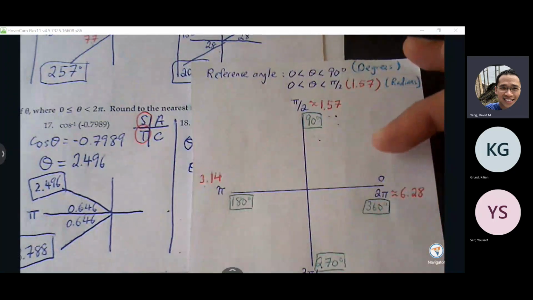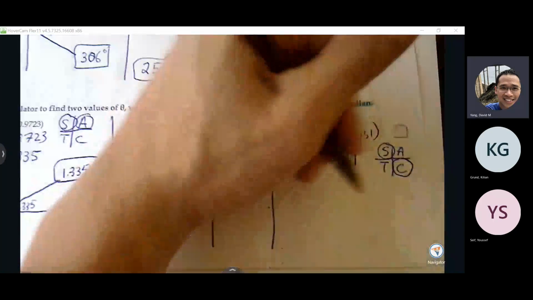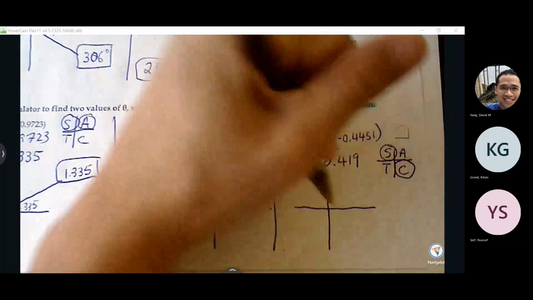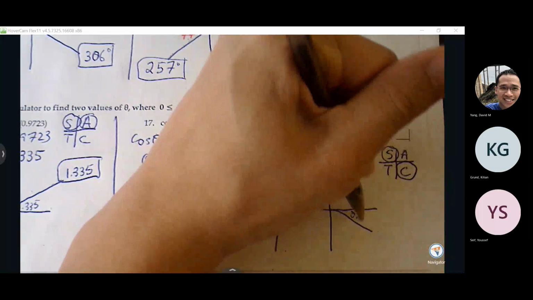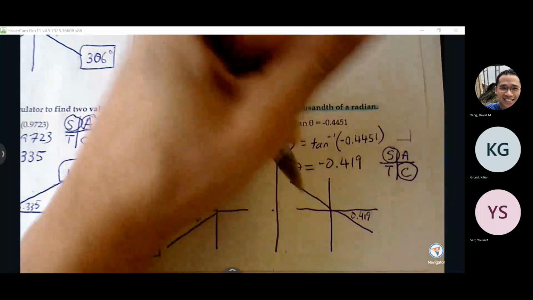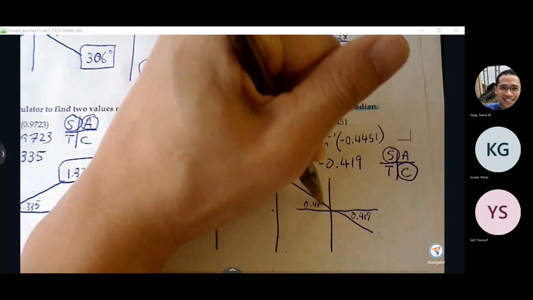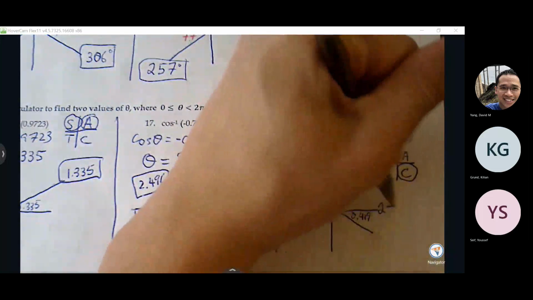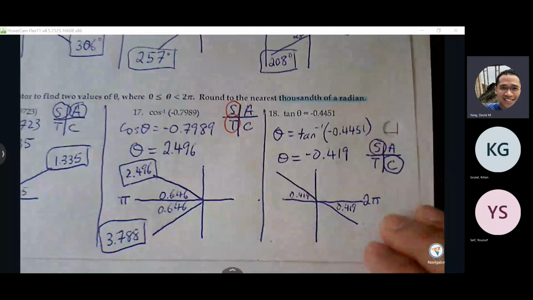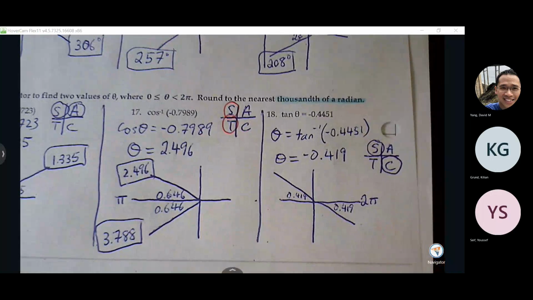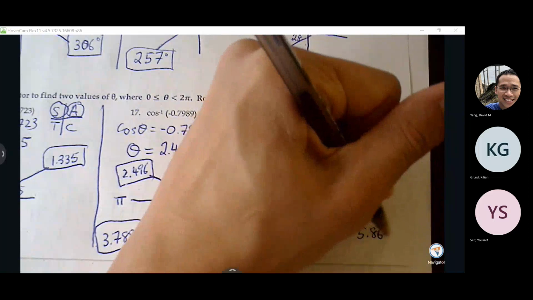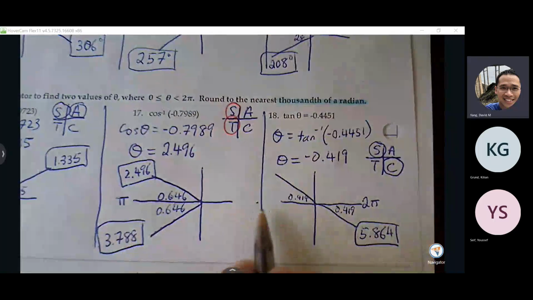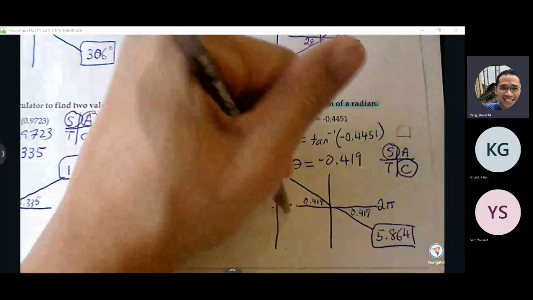That 0.419 is perfect for our reference angle. So we'll build out from there. Subtract from 2 pi to get to that fourth quadrant measure. Subtract from pi to get to that second quadrant measure.